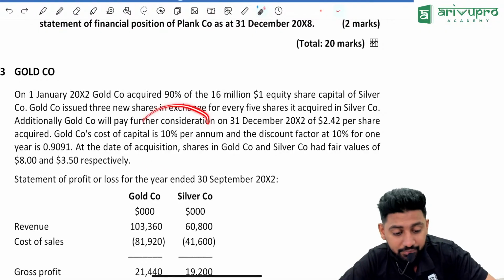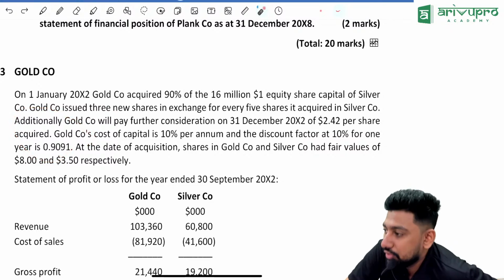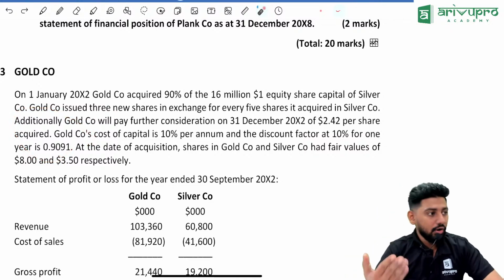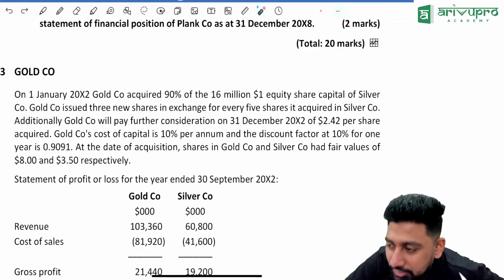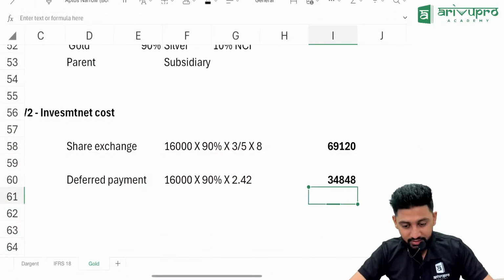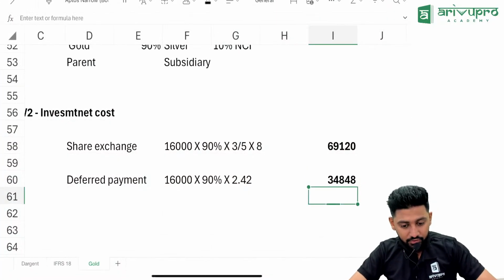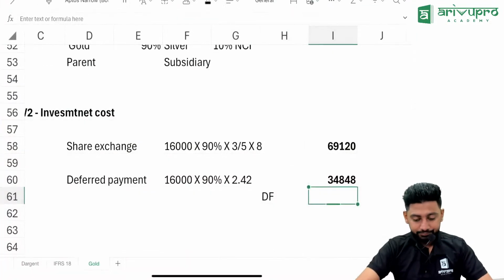Gold cost of capital is 10% per annum. The discount factor at 10% is 0.9091. They have given you the discount factor directly. If not, present value equals future value over 1 plus r to the power n. You know it. Okay. So basically, since I have 34,848, they have given you the discount factor 0.9091.